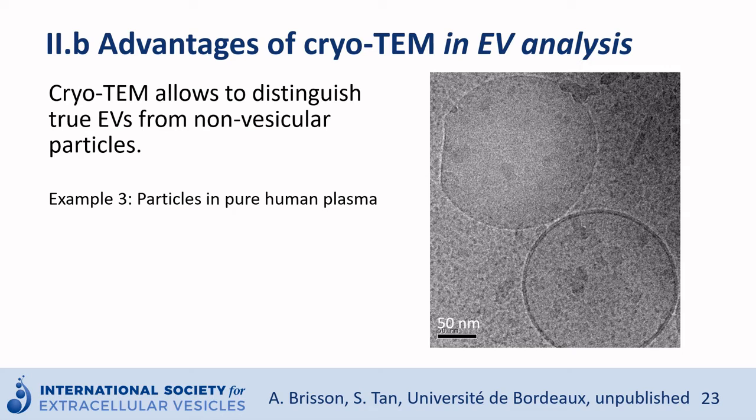This is therefore a true EV. The particle on the top is not surrounded by a lipid bilayer. Therefore, this is not an EV. By the way, this is a lipoprotein complex. I insist here, cryo-EM is the only technique allowing such a distinction.